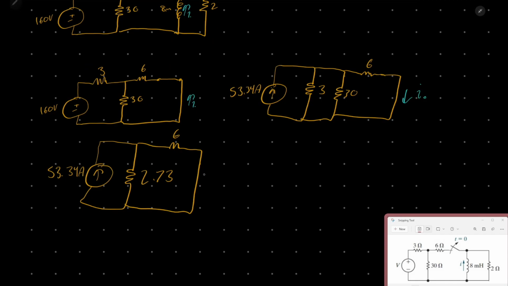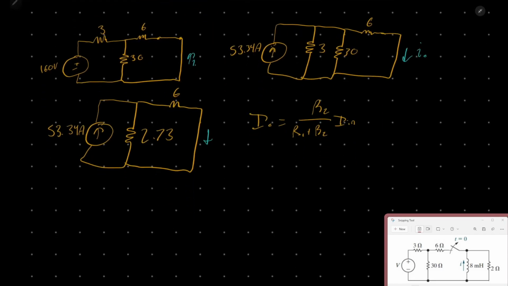Now, in order to get this current that's right here, we can use a current divider. And remember, our current divider equation is: current out is equal to R2 over R1 plus R2 times our current in.